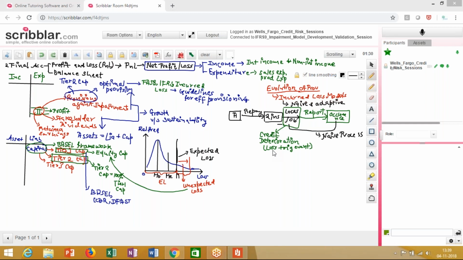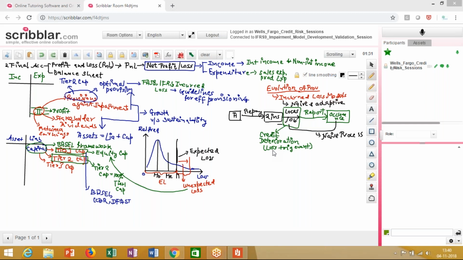Now this approach was there for a long period of time, but only after 2008 people realized that this kind of incurred loss modeling is suboptimal, and hence losses needed to be forward looking in approach.